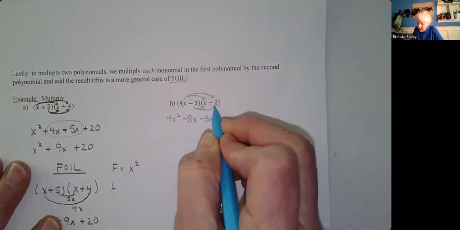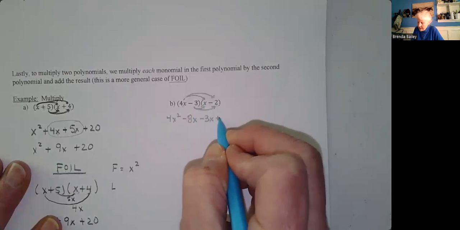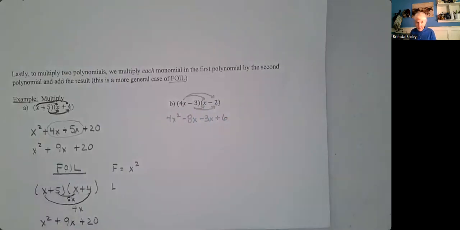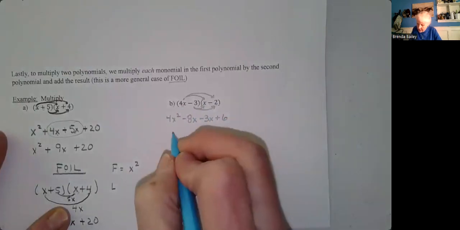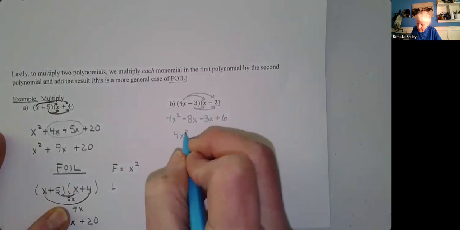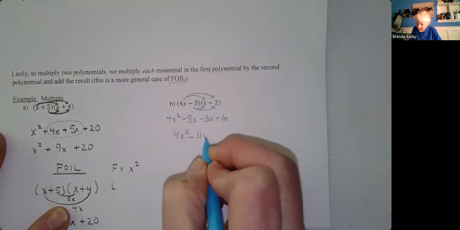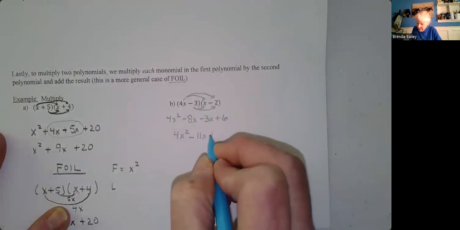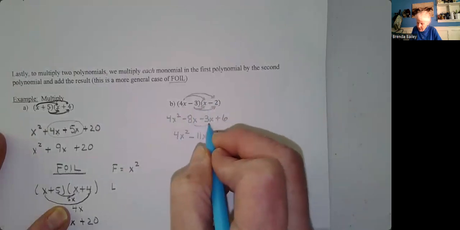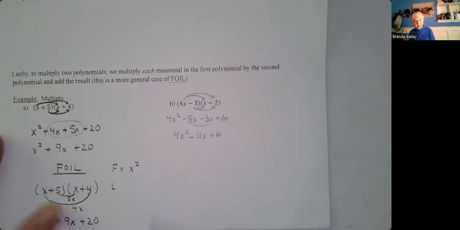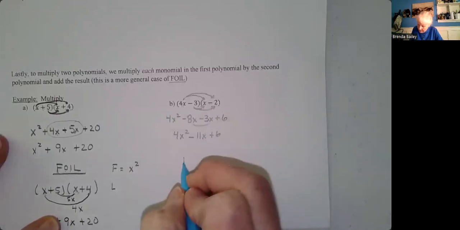Minus 3 times a minus 2 is a positive 6. A negative times a negative is a positive. So this gives us 4x squared minus 11x plus 6. These two are similar terms. Minus 8 and a minus 3 is a minus 11. And there's your answer.